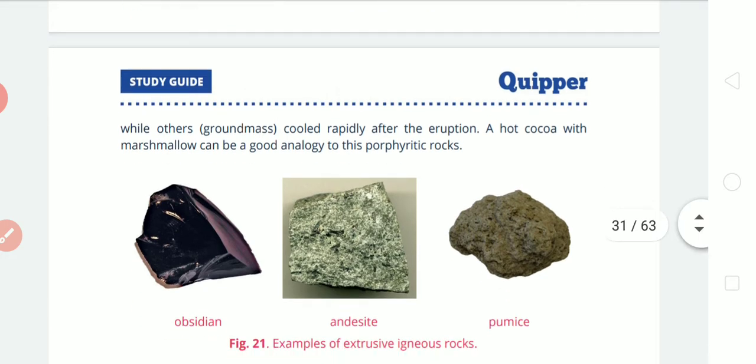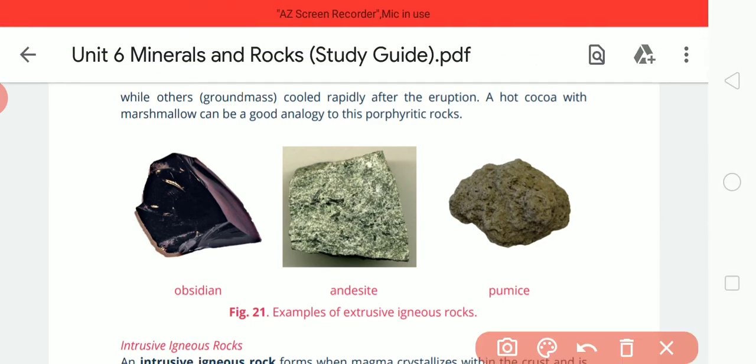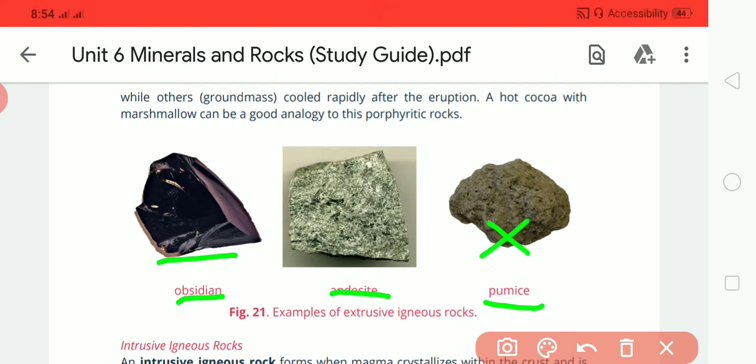So these are the different types of extrusive rock. We have the one with a smooth surface, obsidian; the one with large crystals, andesite; and pumice, or a mixture of phenocryst and groundmass.